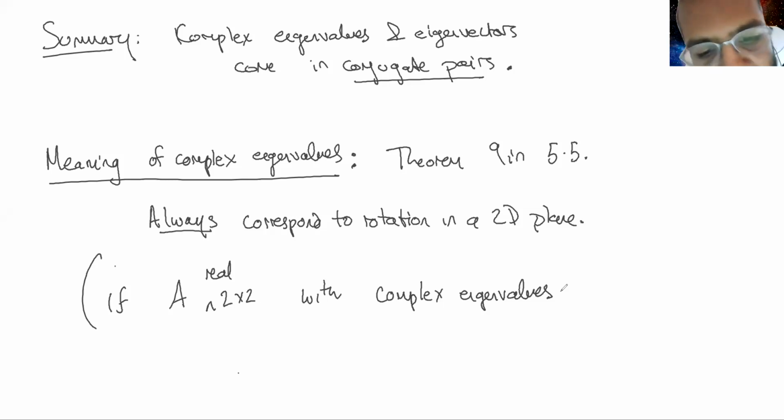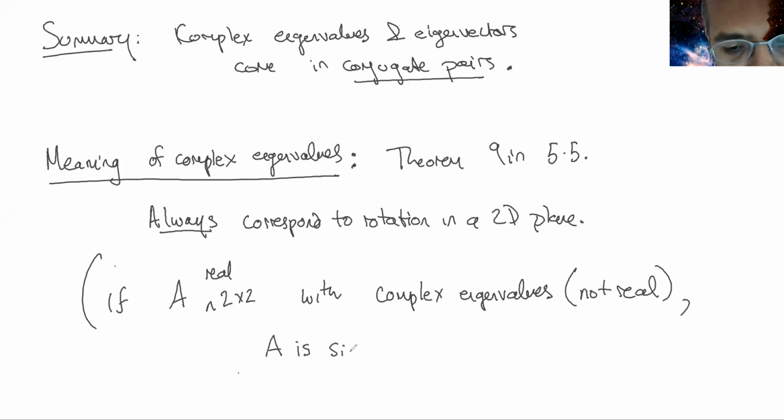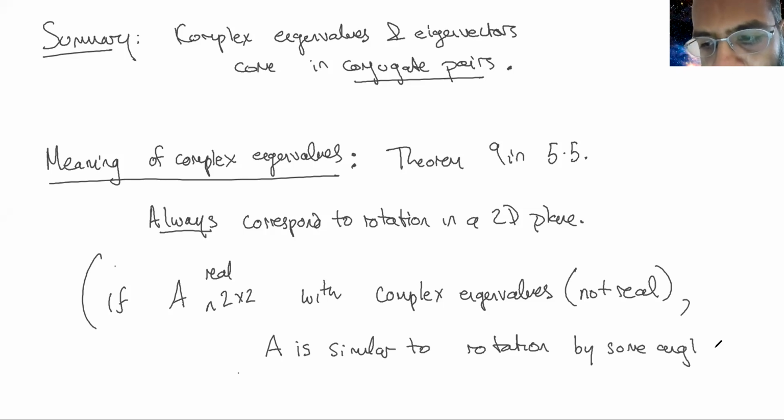If they really are complex, i.e. not real, they must be distinct, because there are two distinct eigenvalues. Then A is similar to rotation by some angle, and scaling.